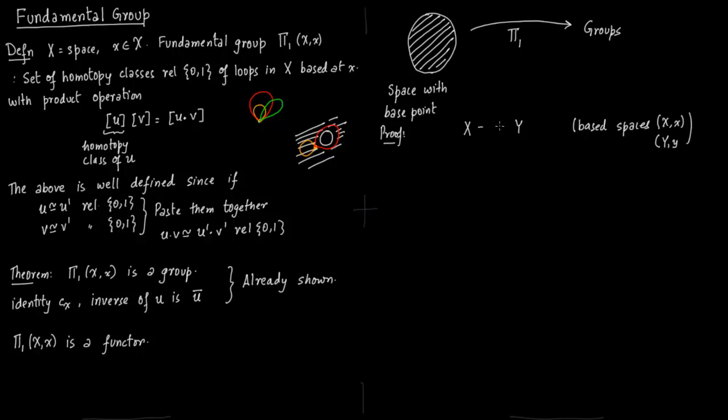And you have a continuous map f between them, which maps the base point of space X to the base point of space Y. Now first thing is, since f is continuous, it takes loops in X to loops in Y. So there are loops based at point x. You apply f to it. It will take the base point to y, and the loop u would be carried to f of u.